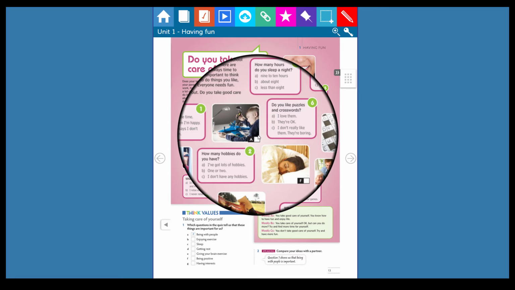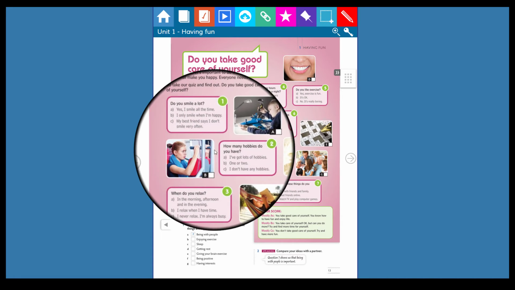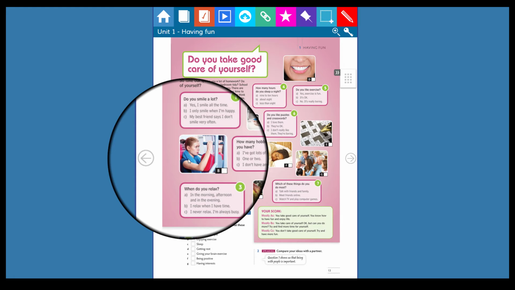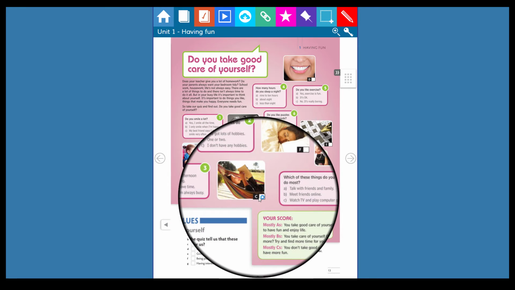Letter B. This one. What do you think? Question 1, 2, 3, 4. Correct. Number 5. Letter C. What do you think? Question number 3. Correct. When do you relax?